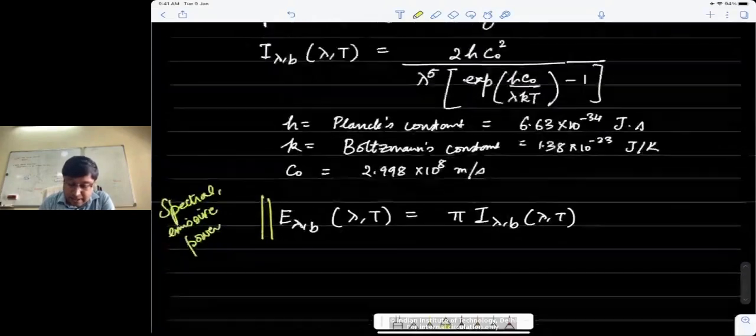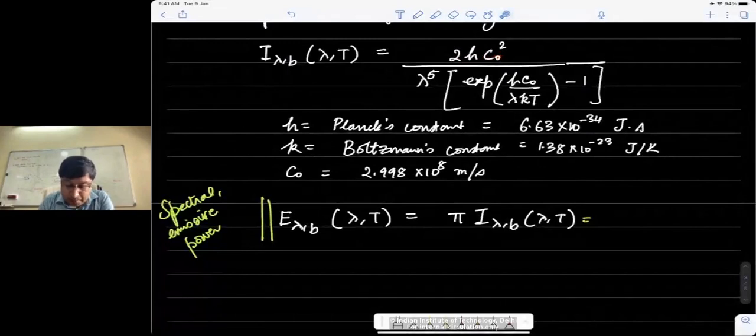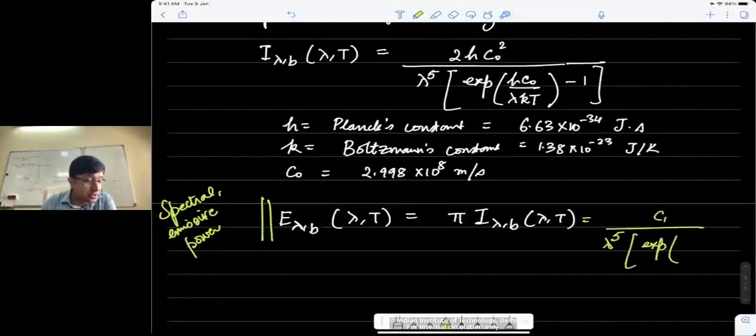And so if you plug in this expression, we get now 2 into h c naught square is a constant, times pi is also a constant. So I'm going to write this as C1 by lambda to the power 5 times exponential of h c naught by k, which is also a constant, so we'll write this as C2 by lambda T, minus 1.